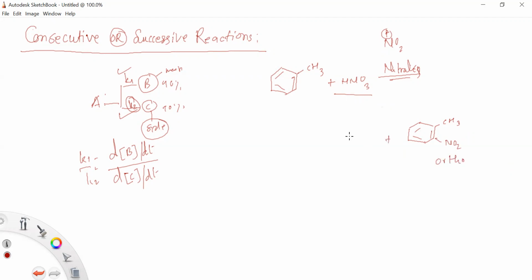The second product which forms is the meta one, with CH3, where the NO2 group is substituted at the meta position. The third product is the para one. So this is the toluene molecule, and the NO2 group attacks at this position.